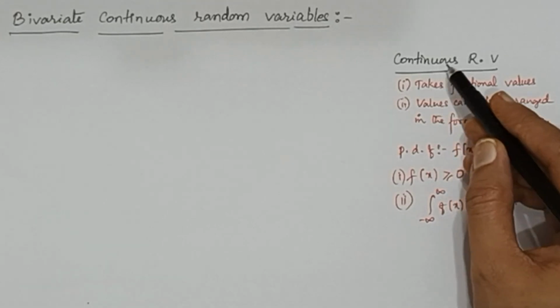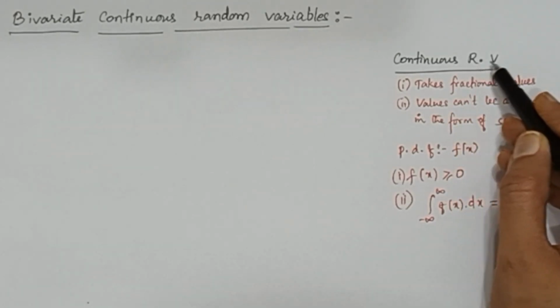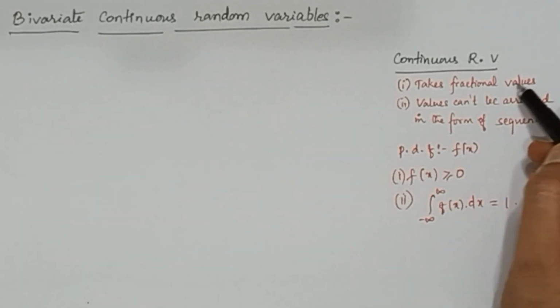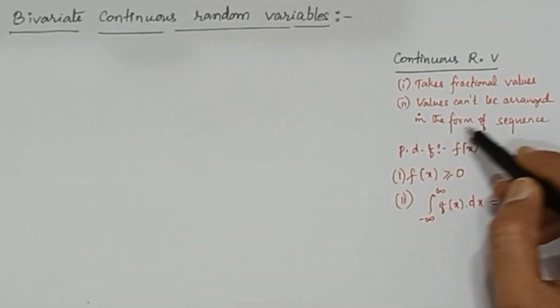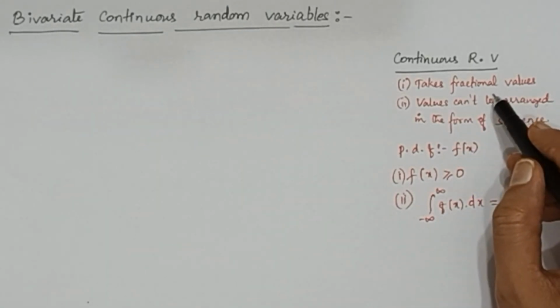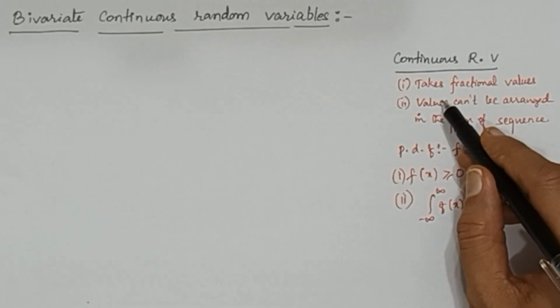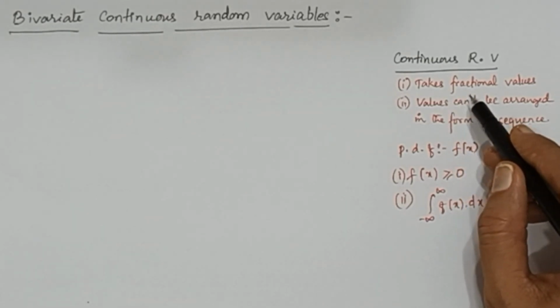A one-dimensional continuous random variable takes fractional values as well, and its values cannot be arranged in the form of a sequence, whereas a discrete random variable takes only whole numbers as its values.